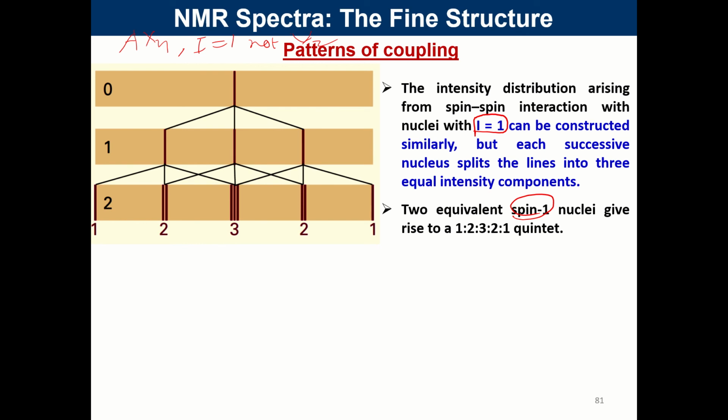then each of these lines will split into 3. As I told you, you have 2I plus 1 values. Why will it split into 3?